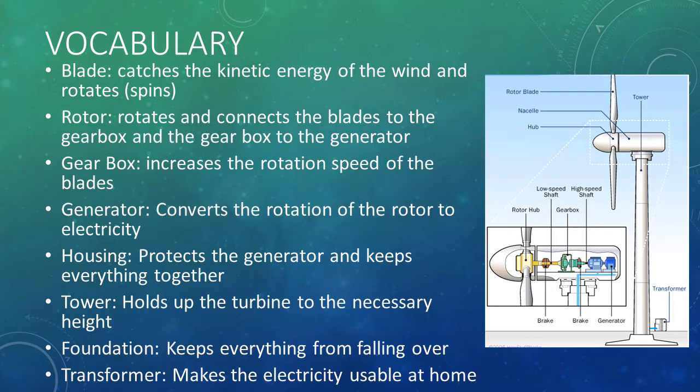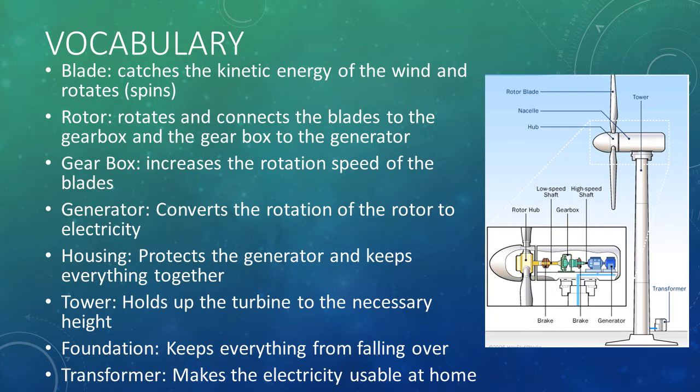This catches the kinetic energy of the wind and rotates. It spins. Now remember, these blades, like a turbine, are designed with an airfoil shape to capture as much of that kinetic energy, or the moving energy, as possible.